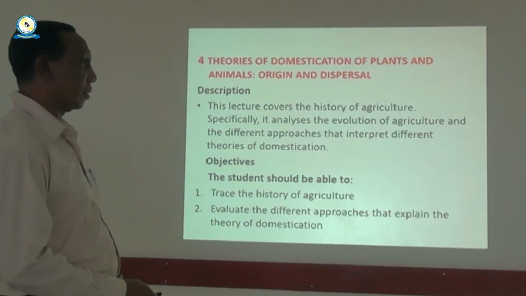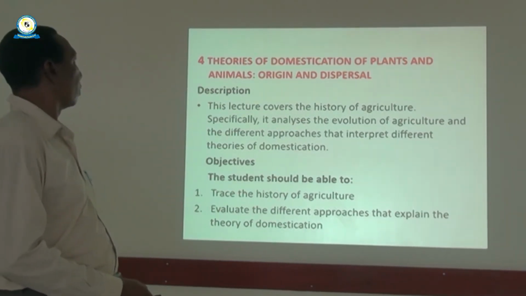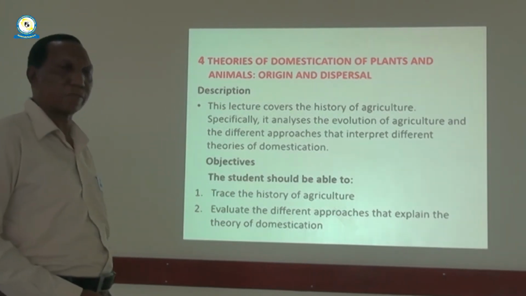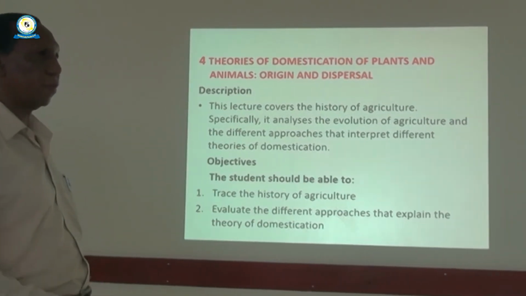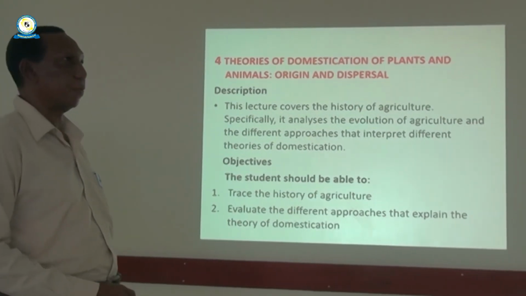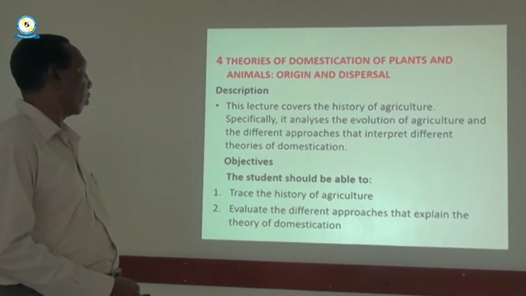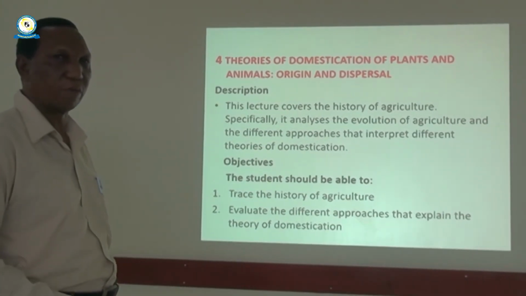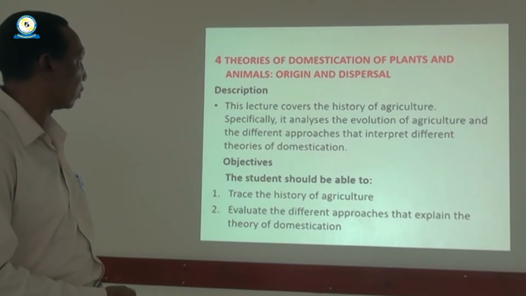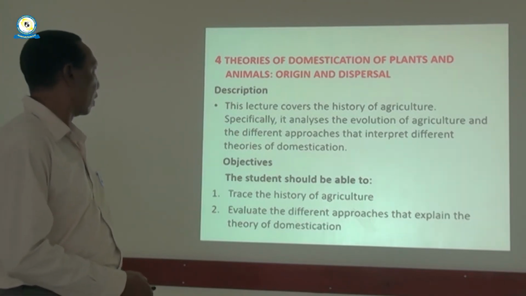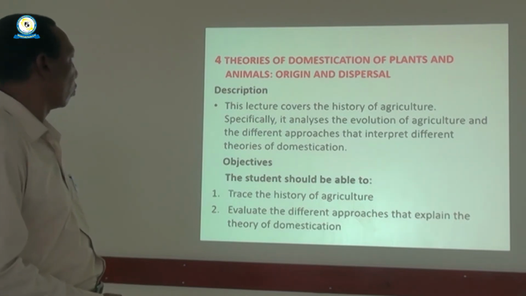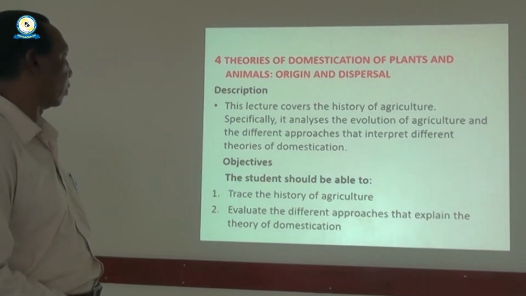This is a very interesting topic: theories of domestication, plants and animals, origin and dispersal. This is a very important stage in human development because we are talking about plants and animals which constitute food for man. Like in any topic that you discuss, you have to go through the historical background.